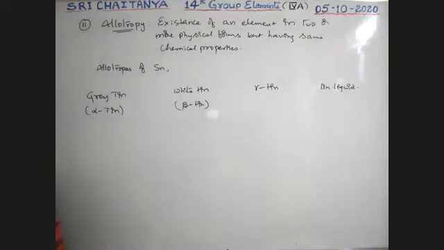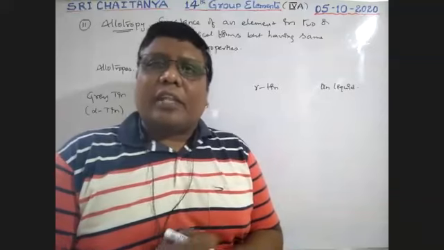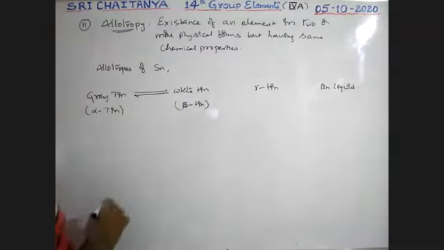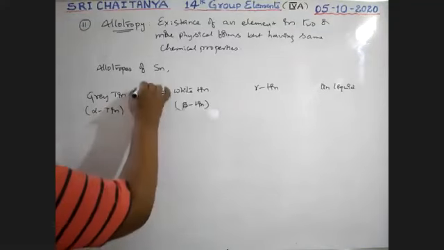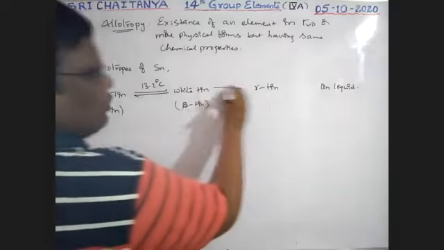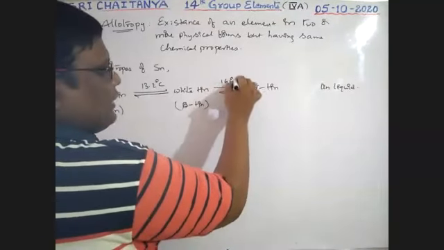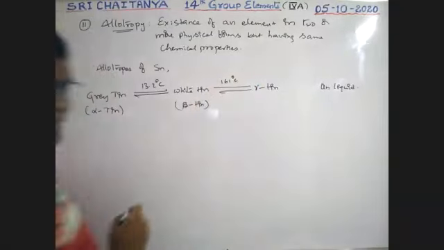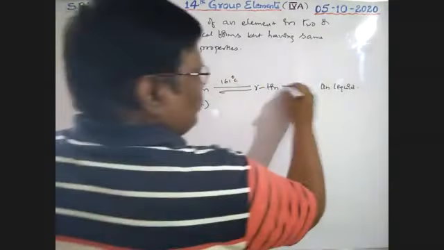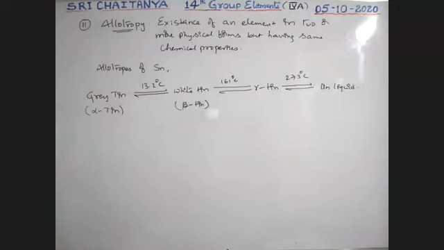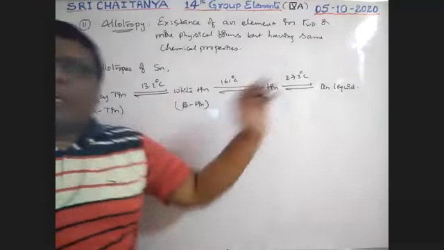But one form is interconverted to another form. See here. These two are interconvertible, right? And these are in equilibrium at about 13.2 degrees centigrade. Next, these two are in equilibrium at 161 degrees centigrade. These two are at 273 degrees centigrade. That means one form is changed to another form.